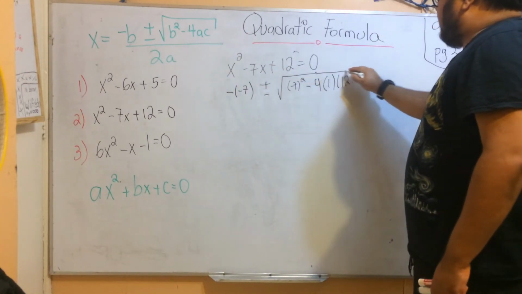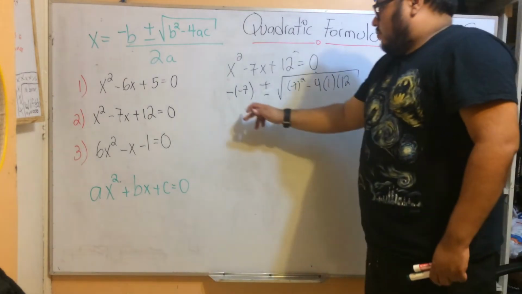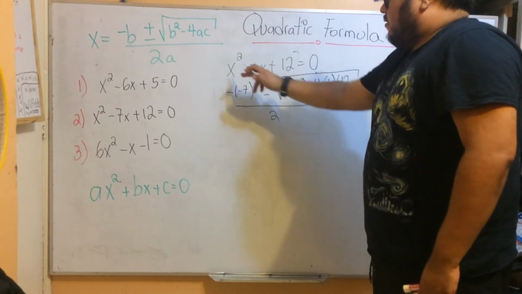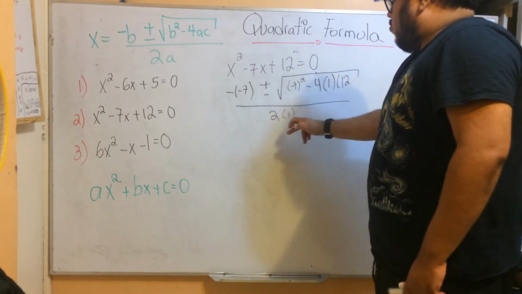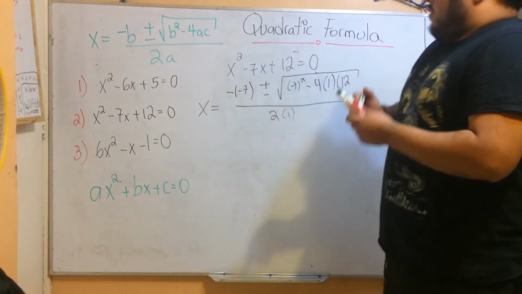And all of this is inside the square root, okay? And all of this is divided by 2 times a, which is 1. Okay, so this is where we get x.